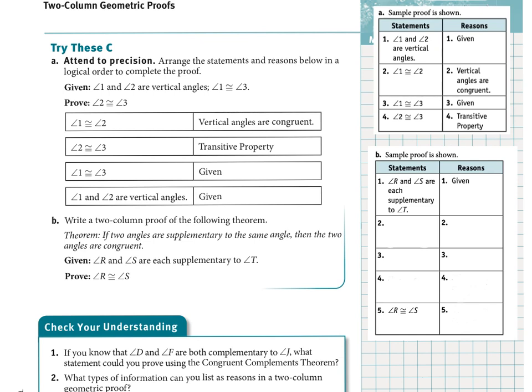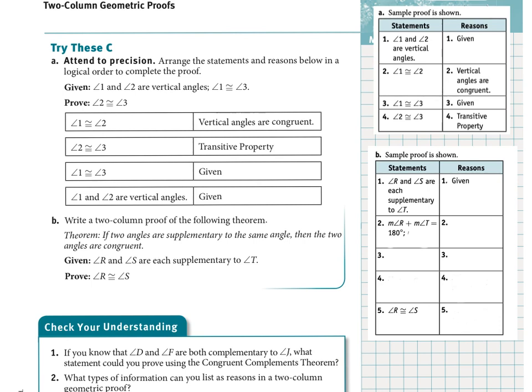Let's look back at step one. We're talking about two angles, each being supplementary to angle T. So maybe we could think back to that definition of supplementary angles. Maybe that's where we can say, oh, the measure of angle R plus the measure of angle T is 180 degrees. Now, maybe we don't just have to have that piece of information.